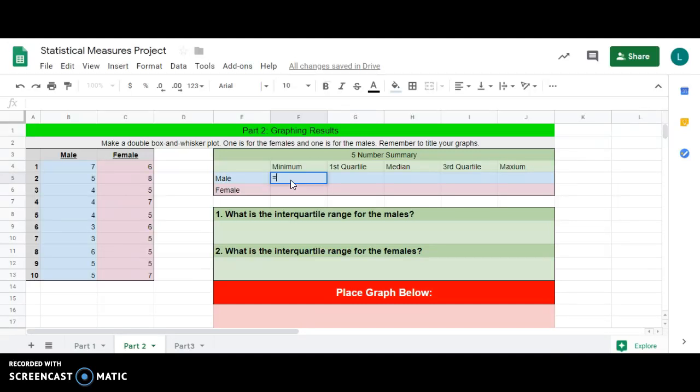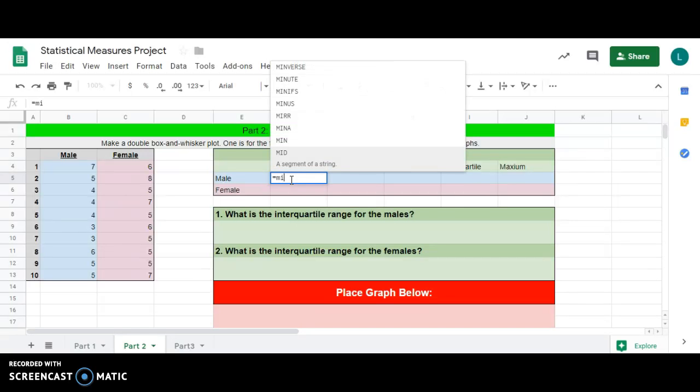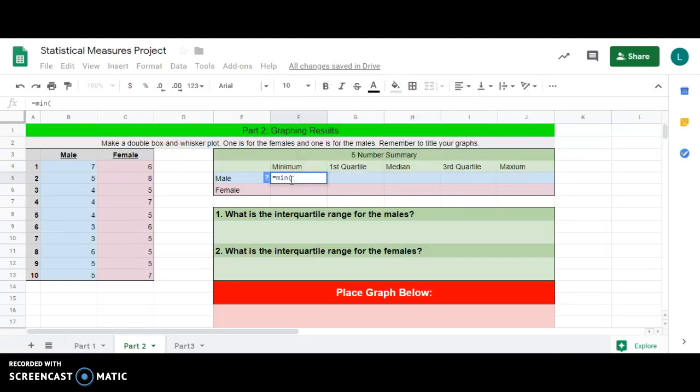So you do equals min, parenthesis, and you go and you highlight your male's data set, parenthesis, enter. And so my smallest number for males was the number 3.